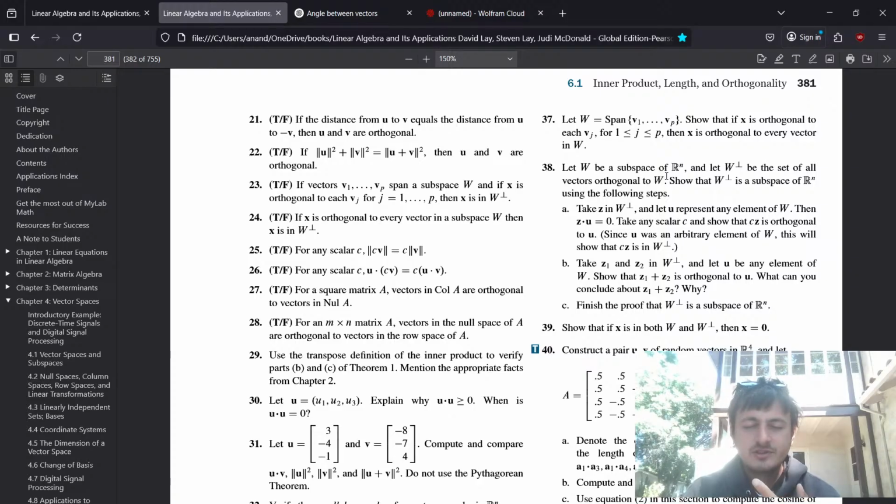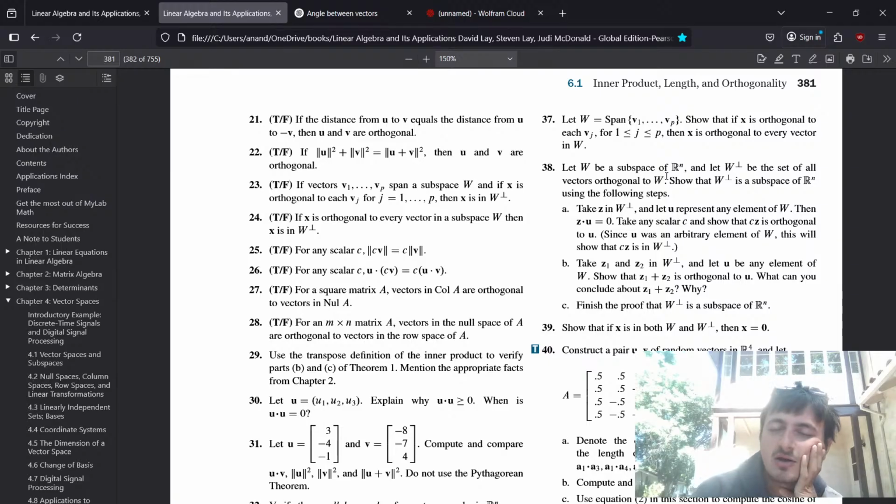But the next thing you need to do is show that it's closed under scalar multiplication. So let's take some arbitrary vector in W perp. What do we know? We know that by definition, it is orthogonal to every vector in W. Or by construction, rather. So first off, it's an element of the set, and it satisfies the constraint.